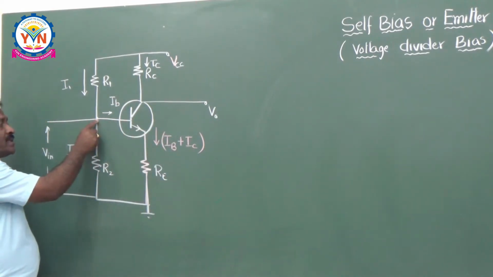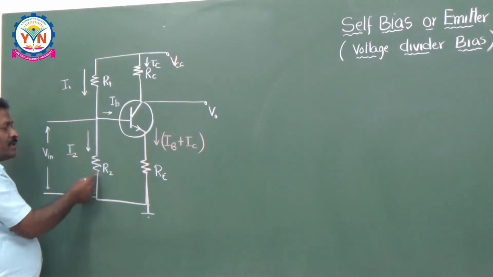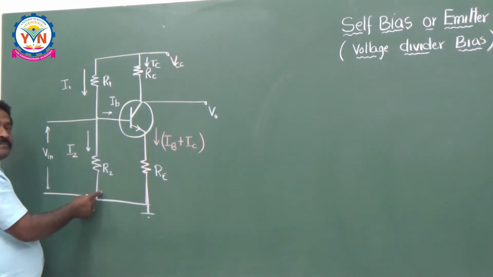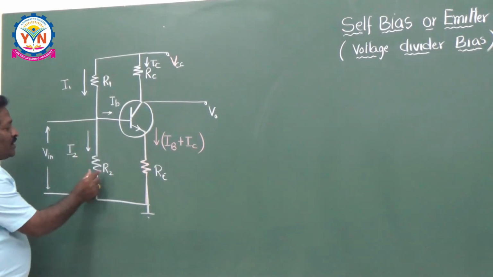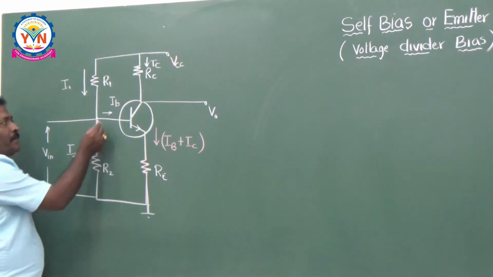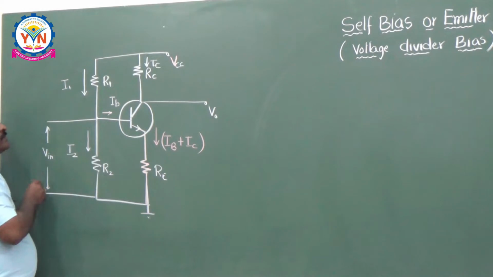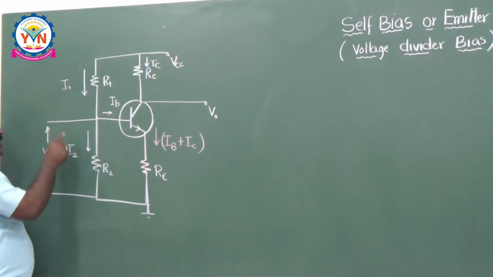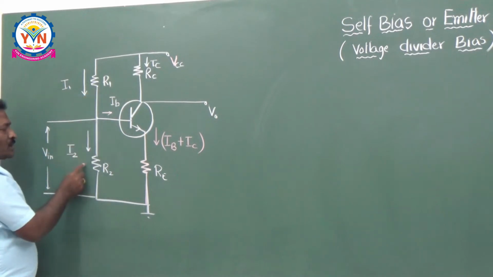Whatever base resistance you have seen in the previous techniques is divided into two resistors here, R1 as well as R2. Here the assumption is R2 is very much greater than R1, and the base current is very small compared to the currents that are coming here. If you take I1 and I2, these are the currents in the resistors R1 and R2.